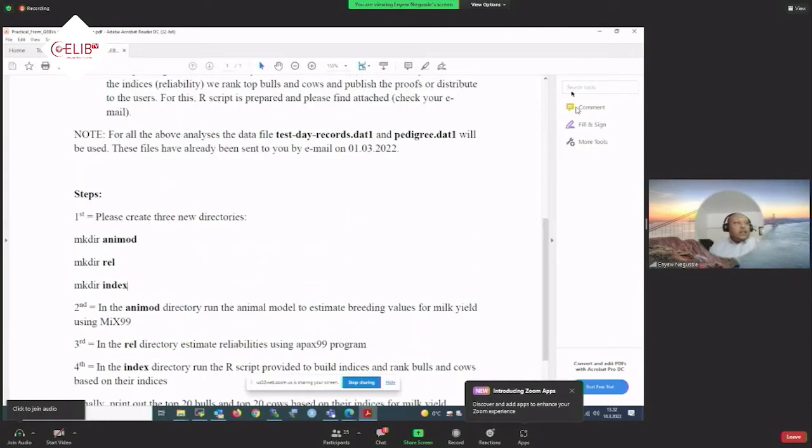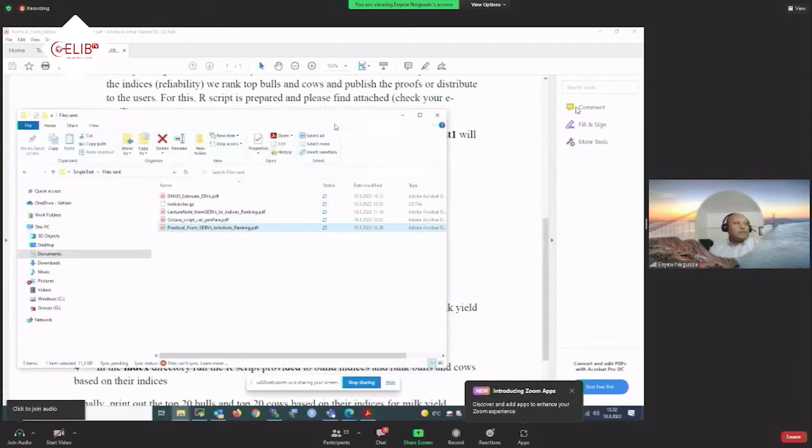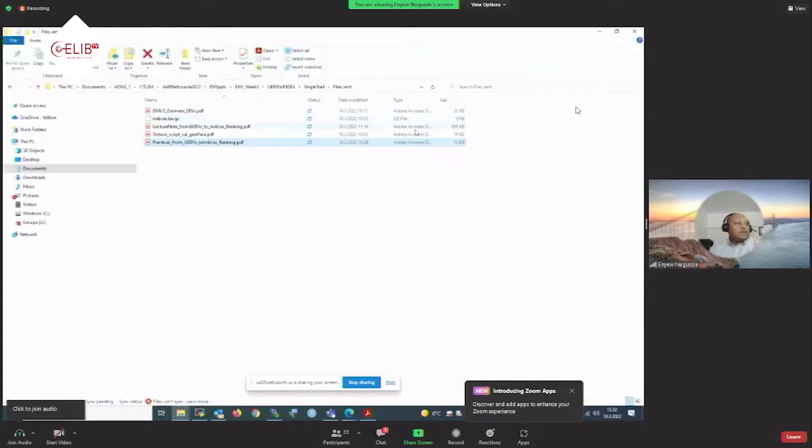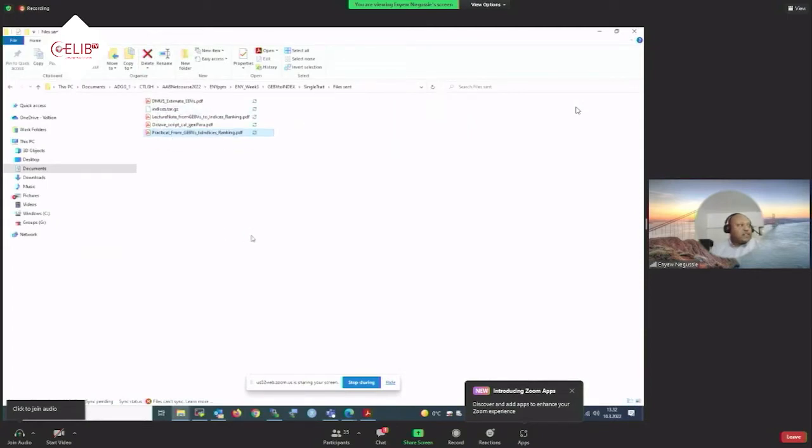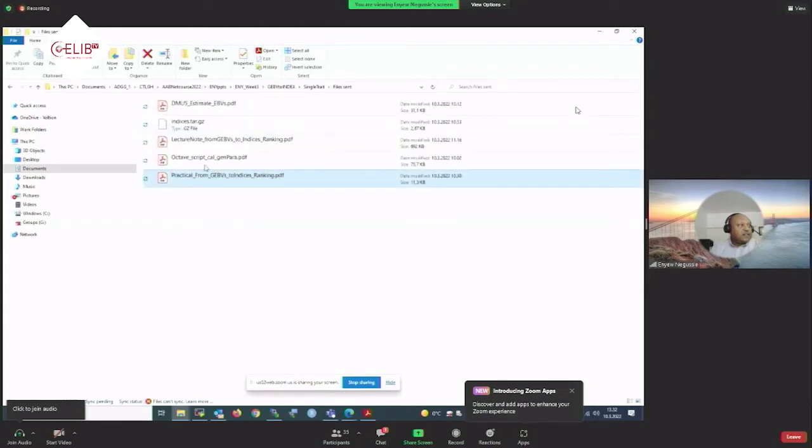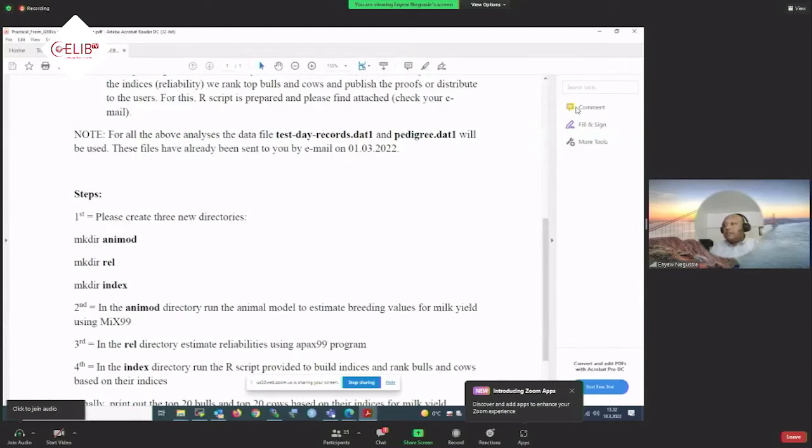You get a file called indices.gz. I will quickly show you. Do you see my screen now? A file called indices.gz. Yes, it is in the email. You have to uncompress this file somewhere.